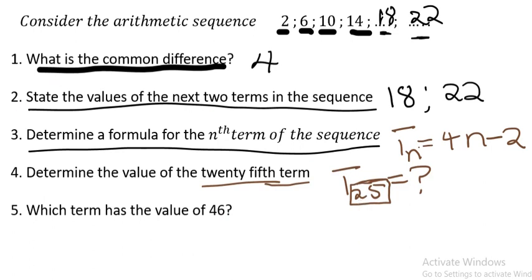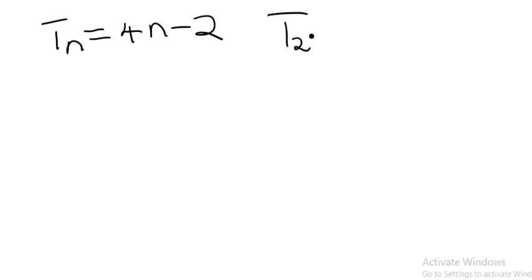Okay, so let's do that. Our general formula is Tn is equal to 4n minus 2, and T25 is the one that we are looking for. So now where there is n, we can just write 25.